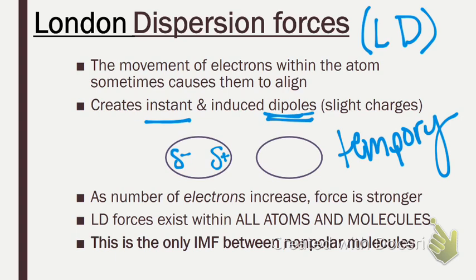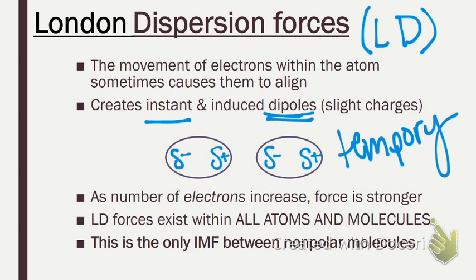But for that instant, while it has this charge, this positive charge here is going to attract the electrons on this molecule, and they're going to want to squish over and spend more time around that side of this molecule, giving it a slight negative charge, and this side a slight positive charge. But like I said, this just lasts for an instant. Due to the random motion of electrons, we can get these non-polar molecules to sometimes act like they're slightly polar and have this temporary charge where they pull together, and they have this very weak attractive force.